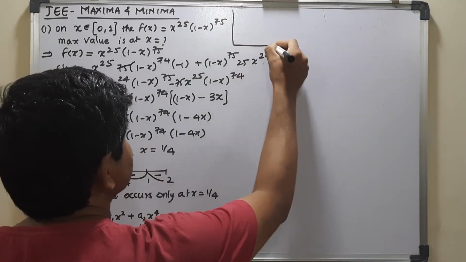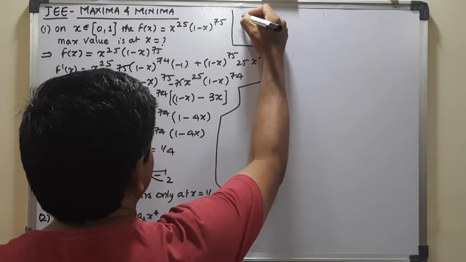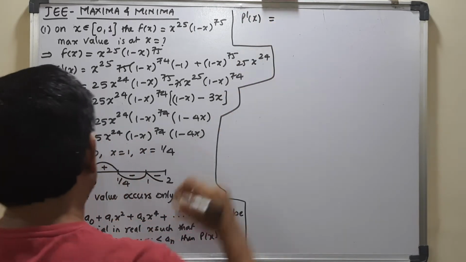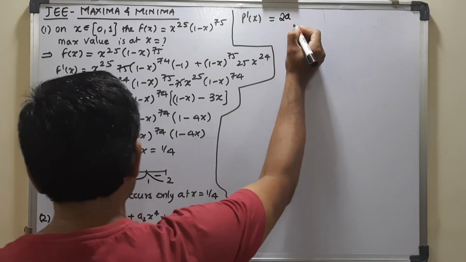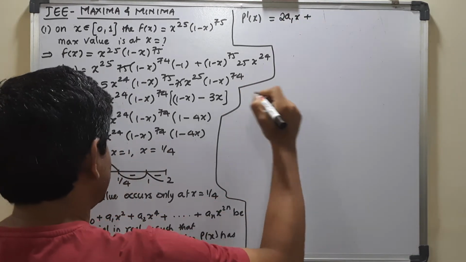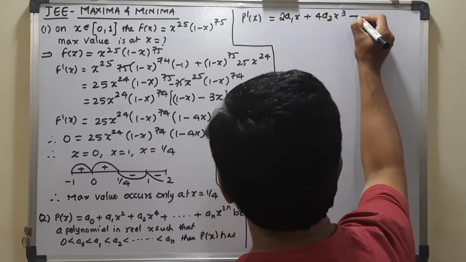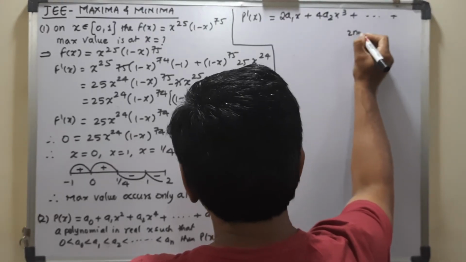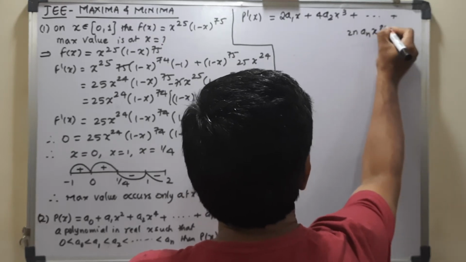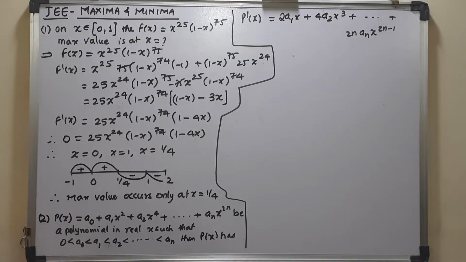That is, if I take p dash x, right, p dash x, so obviously I will get 2a1 x plus 4a2 x cube plus, and so on will go on, that is 2n an x raised to 2n minus 1. This is your p dash x, right?